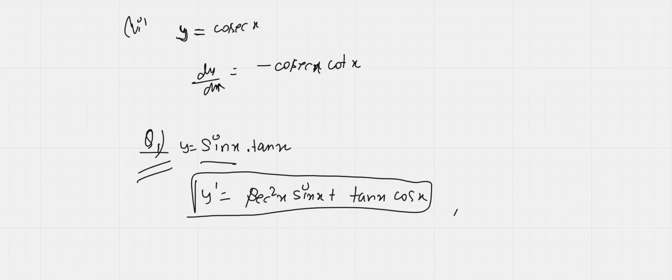So it's sin x secant square x plus cos x tan x. Yeah, it's fine.